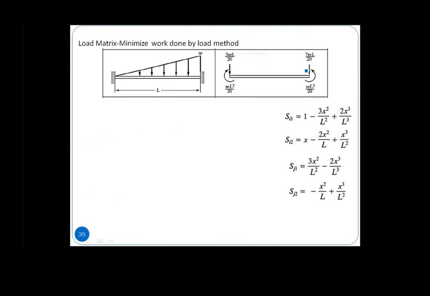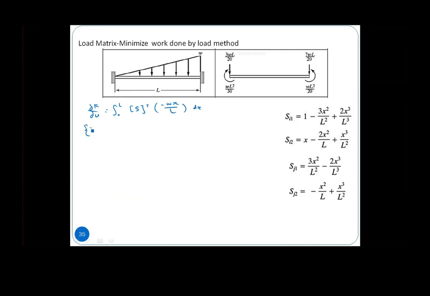For the triangular load, also the same. Maybe I will just show you one. Del f del u equals the integral from 0 to L of S transpose multiplied with our load itself, which is negative Wx over L, that we have now determined.